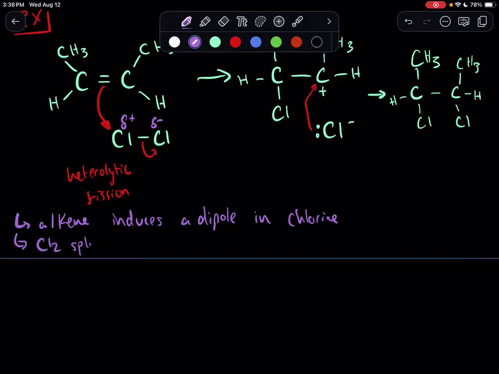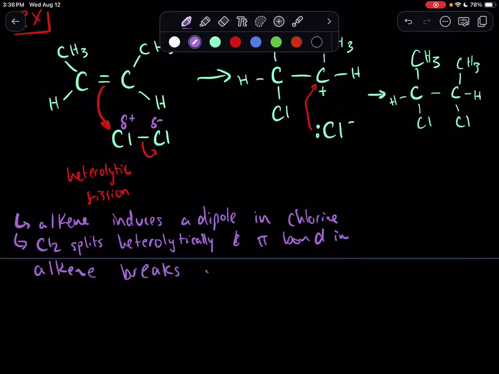Chlorine splits heterolytically, and the pi bond in the alkene breaks, forming a new bond with the positive chlorine.